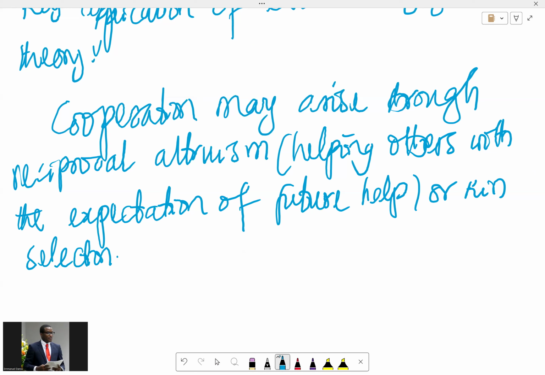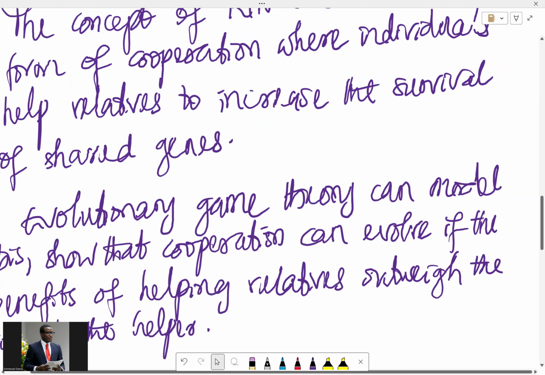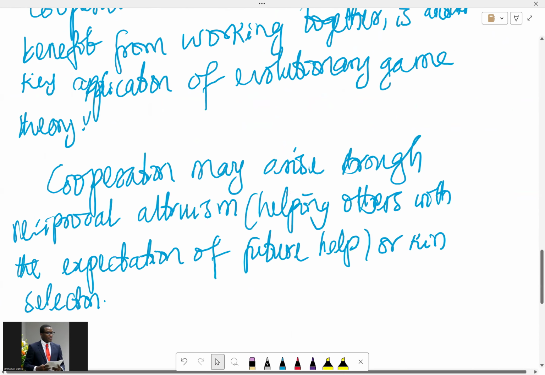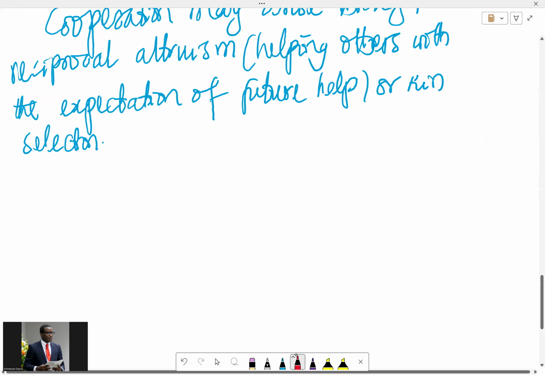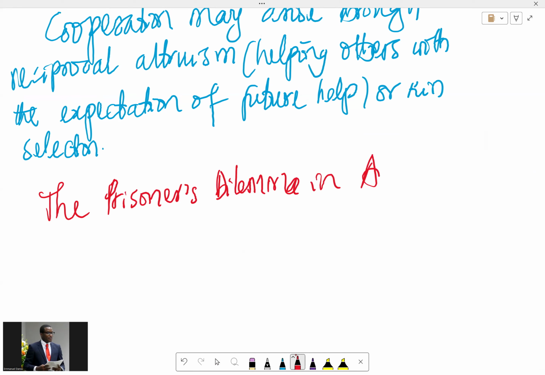Of course, we've talked a lot about the whole idea of prisoner's dilemma. An example of this now, prisoner's dilemma in animal cooperation.